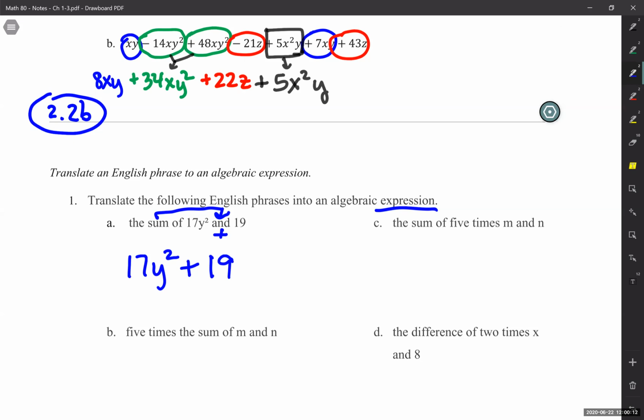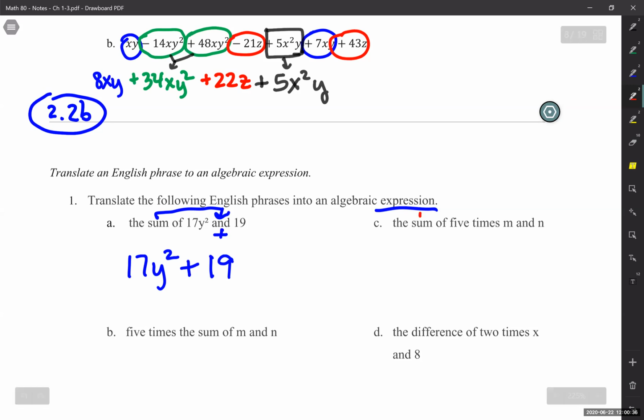But now it's going to get a little trickier. So I'm going to go to C and then B. If you just look at C and B real quick, read through them, you can see that they are almost identical. They have all the same words, but the words are in a different order, and that's going to be important. So here on C, it says the sum of 5 times m and n.